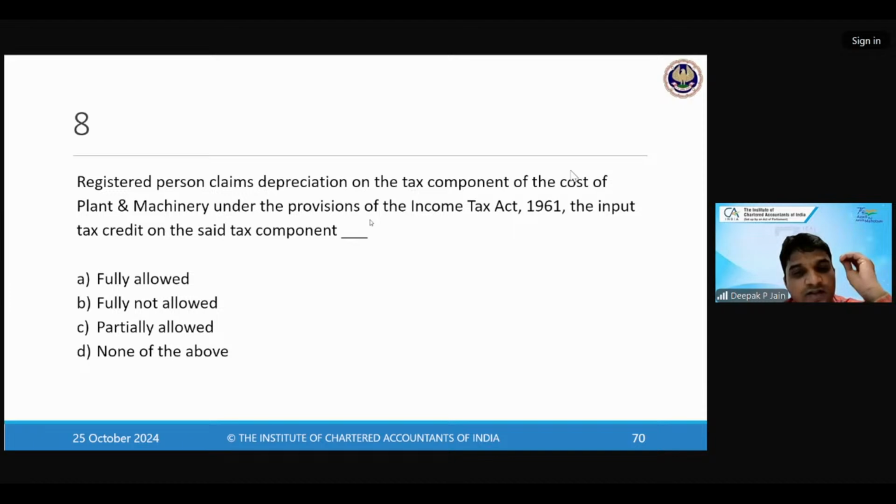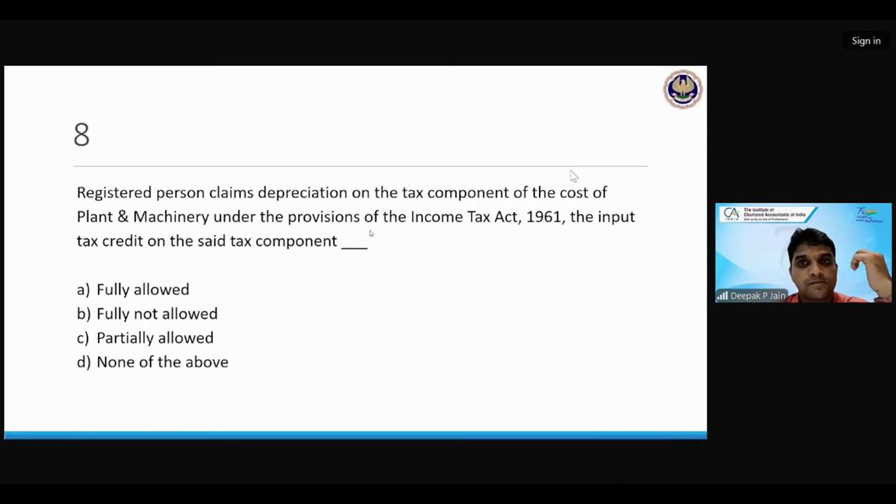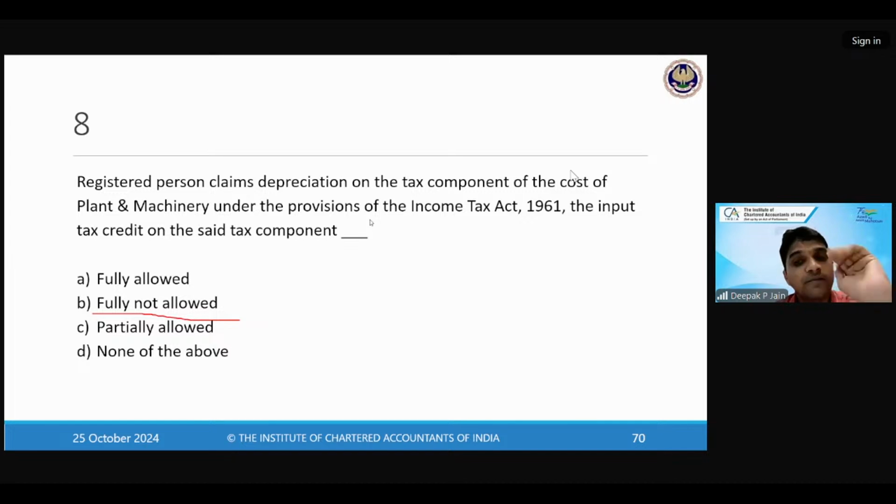Registered person claims depreciation on tax component. The input tax credit on the said component, is it allowed or not allowed? Eighth one, B. It is not allowed because you have claimed depreciation on the tax component also.